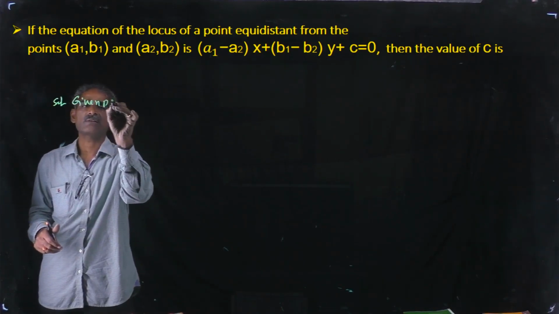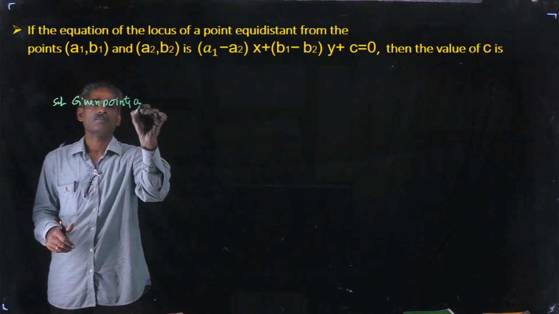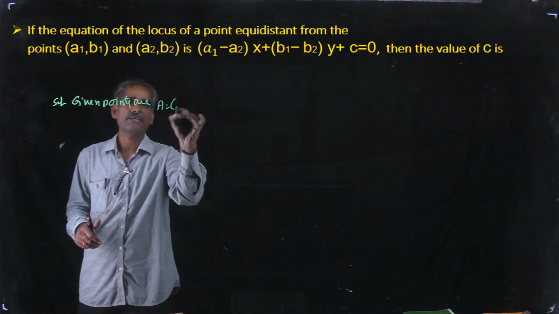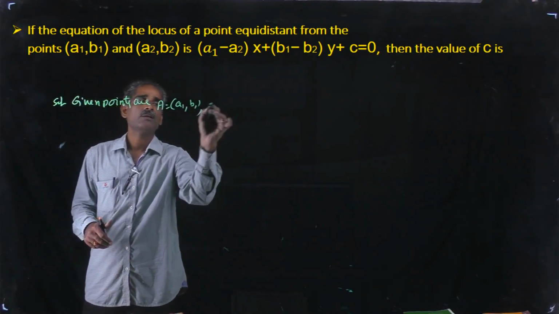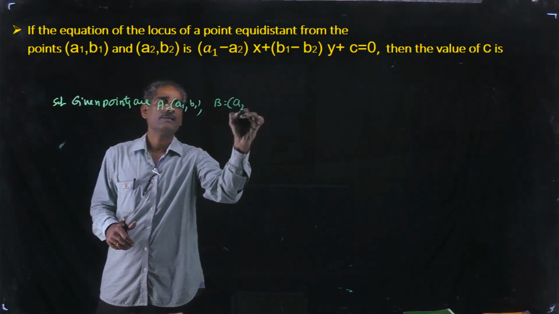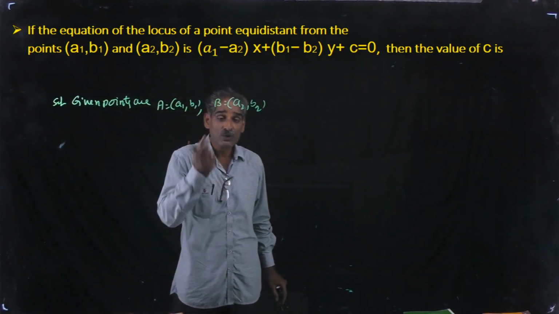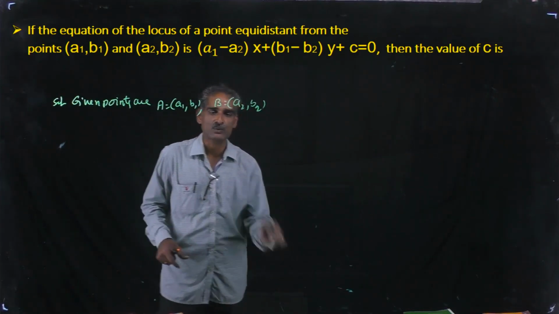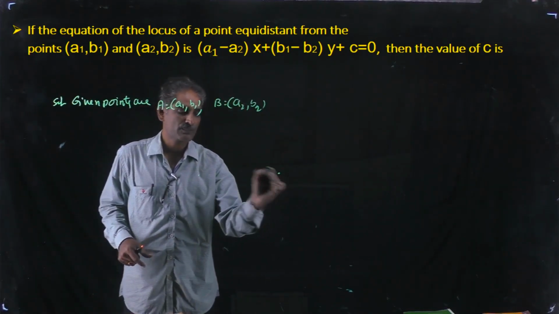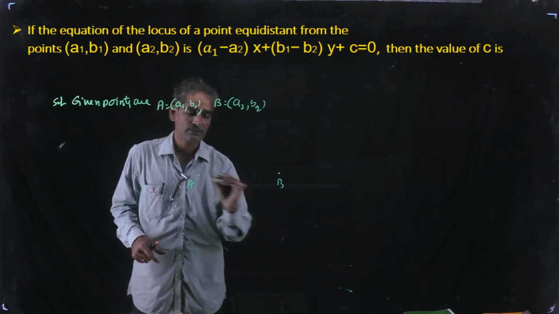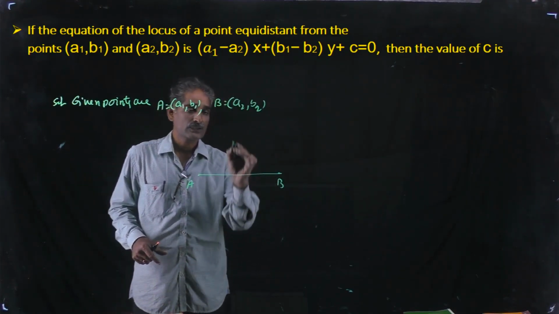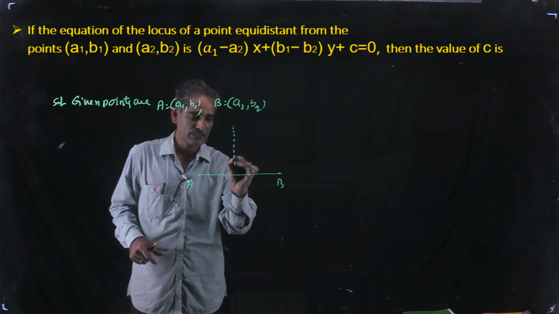Let us take the first point be A (a1, b1) and the second point be B (a2, b2). That means if these are the positions of the 2 points A and B, the locus of the point which is equidistant from A and B is like this.